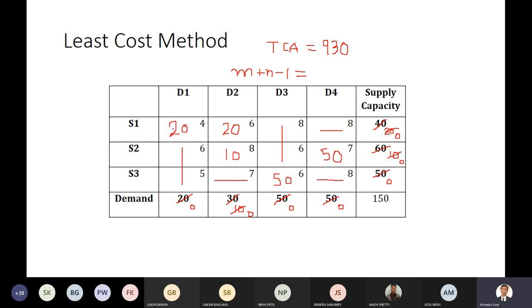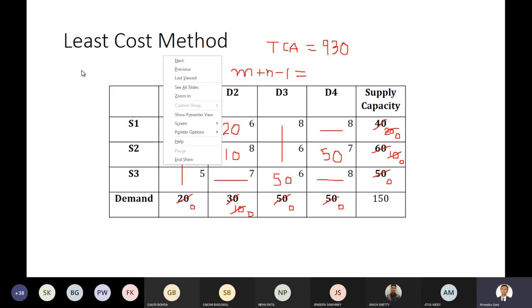How much is it coming to? 20 into 4 is 80, 120, so 300. 380 plus 300, so 680. 680 plus 350 comes to 930. It would be 930 only. Anish, you were probably getting a higher number? No sir, now I got 930, it's equal now. Okay.